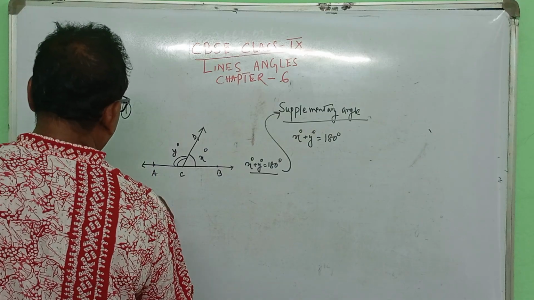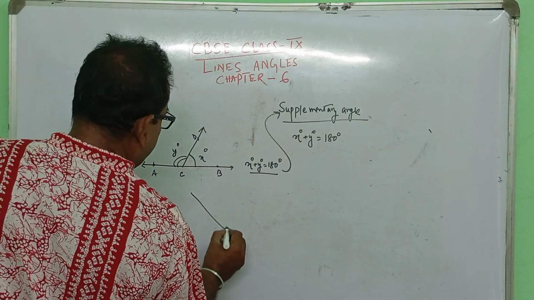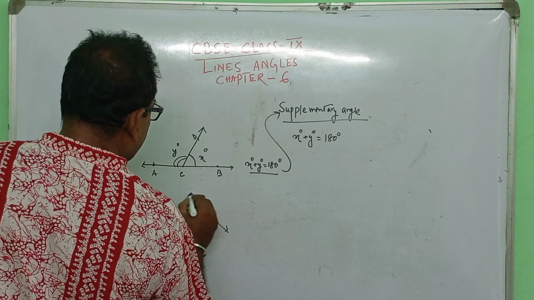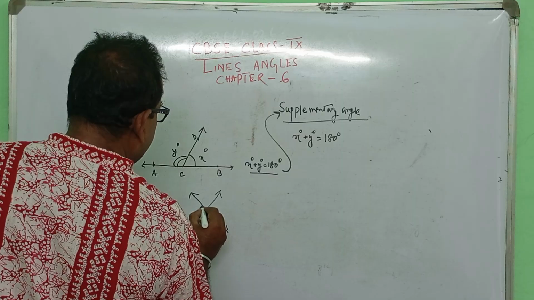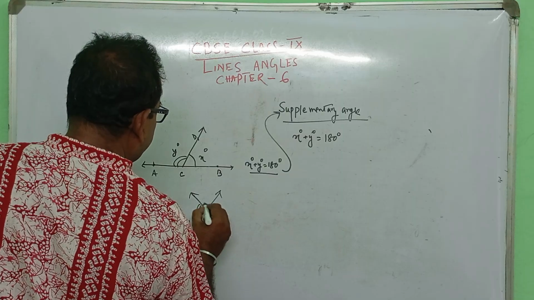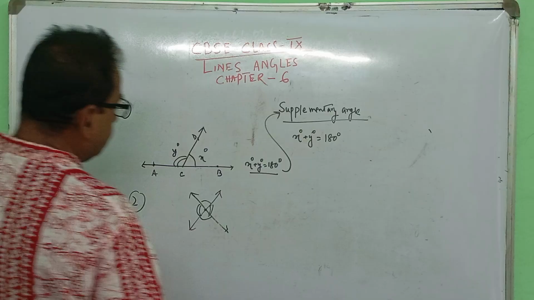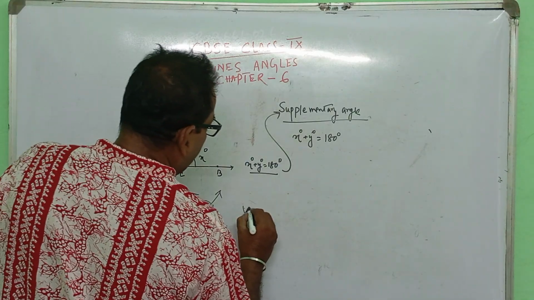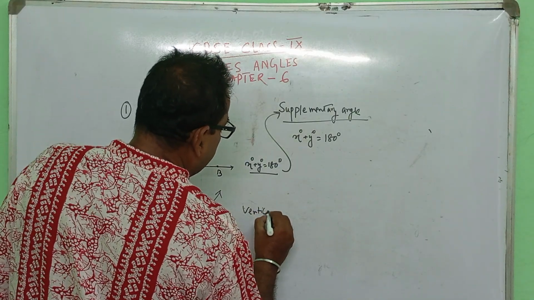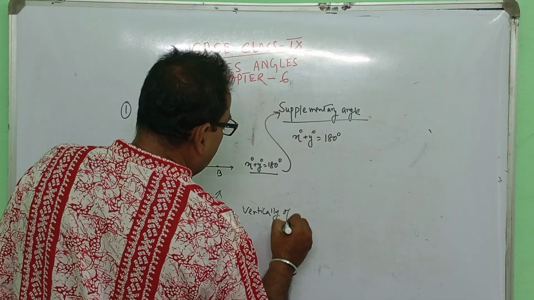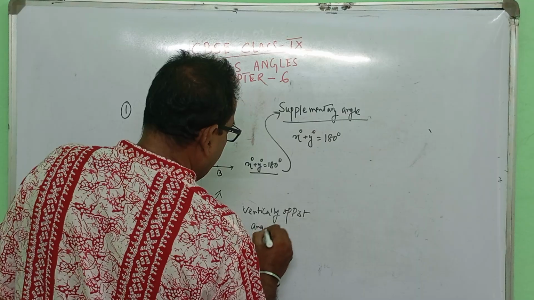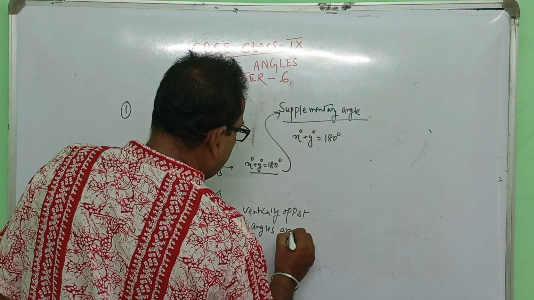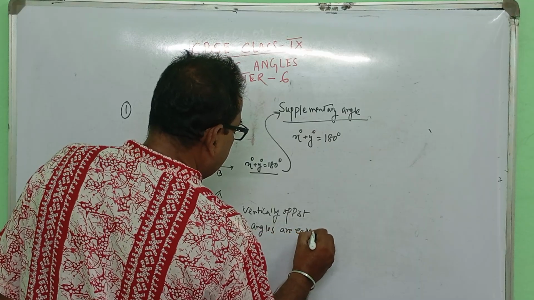Number 2, if two lines intersect, then vertically opposite angles are equal.